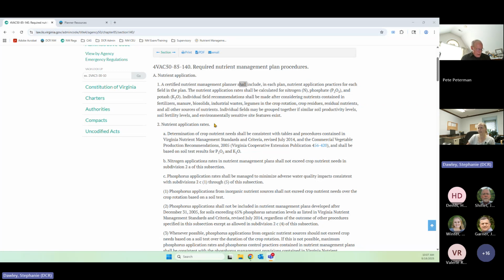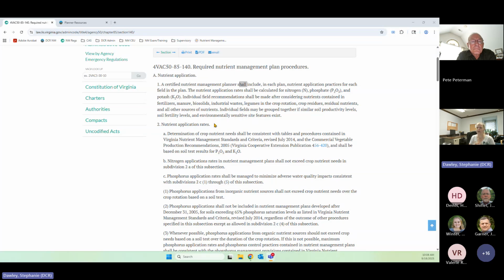And so you make these recommendations considering fertilizers, manure, biosolids, whatever that farmer has in their wheelhouse, industrial waste, legumes in the crop rotation, crop residuals, and other things. So you're not just necessarily looking at what manure, fertilizer the farmer has, but what rotations did they do previously that might retain some nitrogen, or other, how well are they keeping their soil on their field and therefore their phosphorus, things like that.